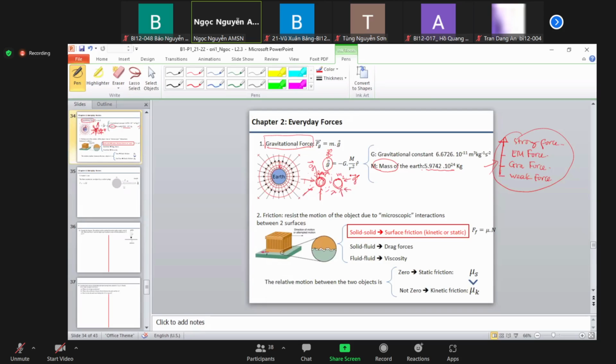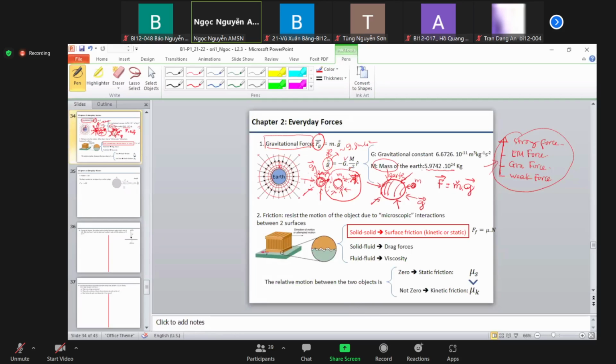And when you put another object into this field, there will be a force acting on this body due to this G field. This force will be equal to the mass of the object multiplied by the G field. When you look at this, we see that M is positive, so F and G have the same direction.